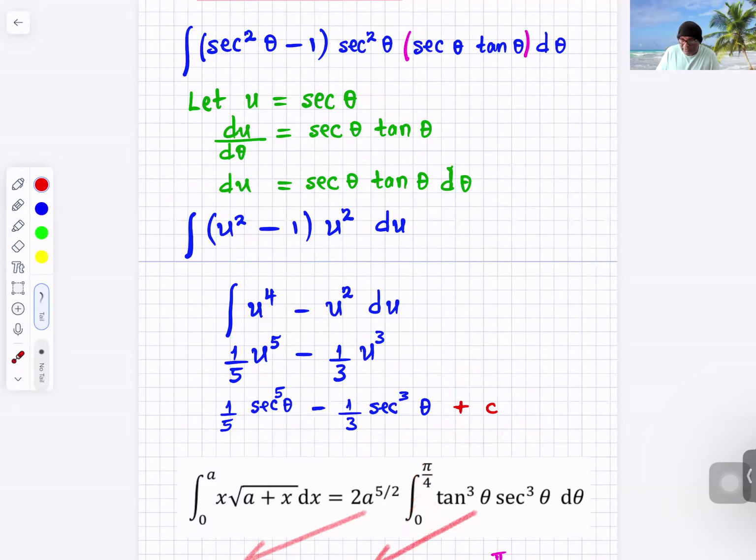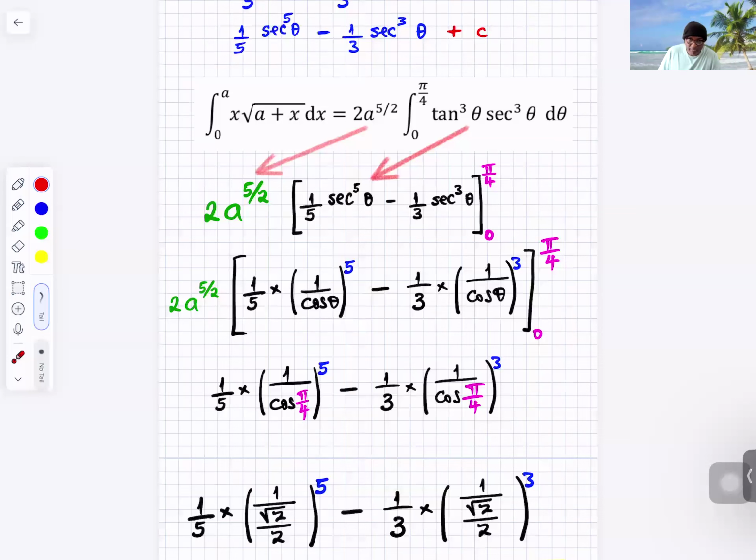So we're going to sub in the limits. We sub in pi over 4 and 0 in that integral. And now to simplify it, we replace theta with pi over 4. So sec theta is 1 over cos theta.